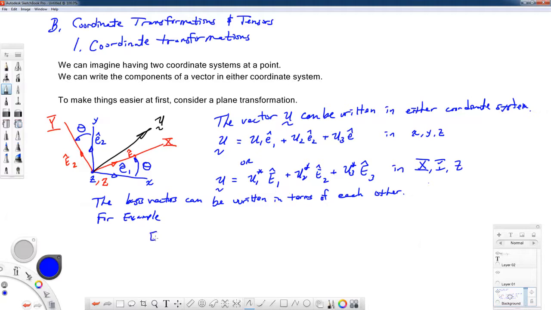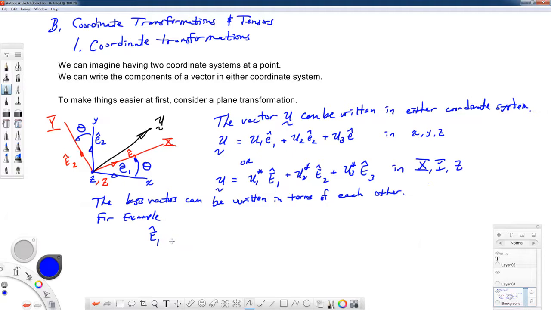Then capital E hat 1 would be composed of some movement in the x direction, which would be cosine theta. So we're breaking this up into components.